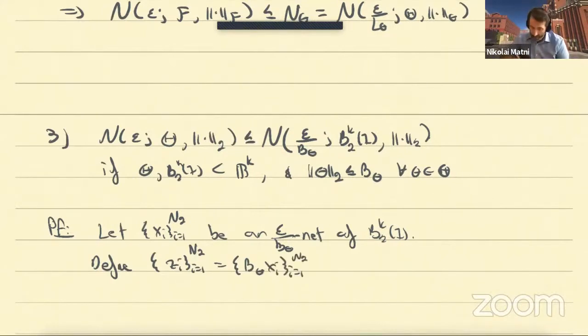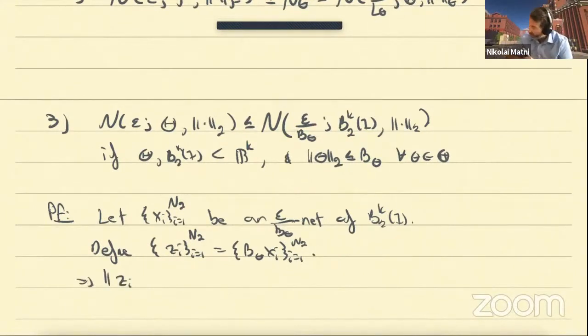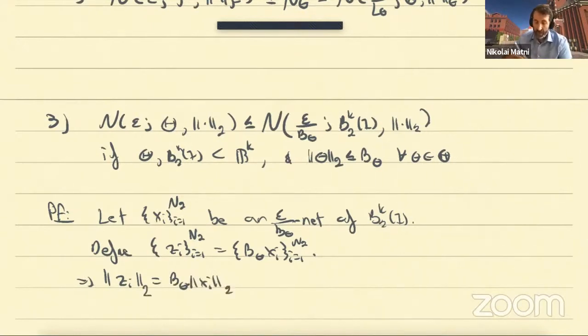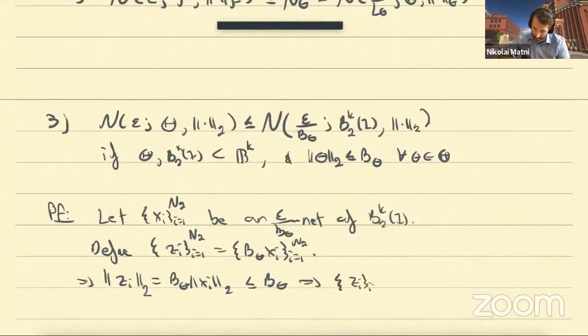A couple of things to note. First, z sub i is equal to B theta x sub i, but x sub i lives in the Euclidean ball, so its norm is less than or equal to B theta. This implies that the net I just constructed lies within my original space theta.